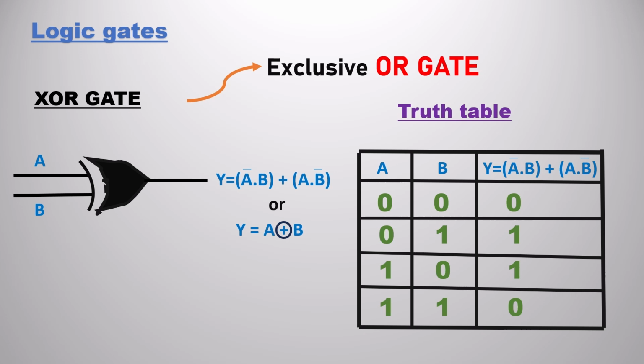The output combinations would be: if both are the same, then 0; if different, 1; same, 0; different, 1. So remember this: if both bits A and B are the same, you get the output 0. If both bits are different, you get 1. Why? Because we apply the formula to the individual digits and check that.